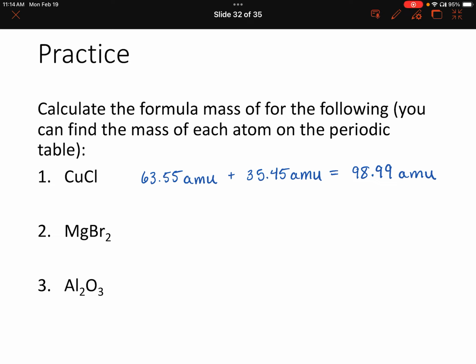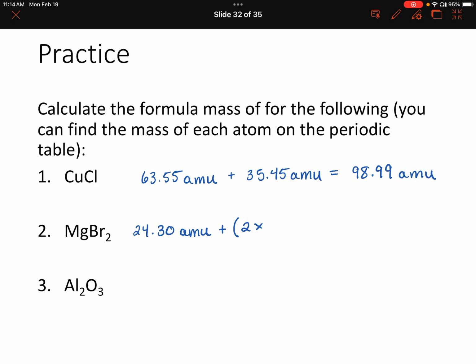The next one, magnesium bromide. We have one magnesium ion, and magnesium has a mass of 24.30 atomic mass units. And then it looks like we have two bromide ions. So I'm just going to put parentheses here and multiply bromide, or bromine's, mass by 2.